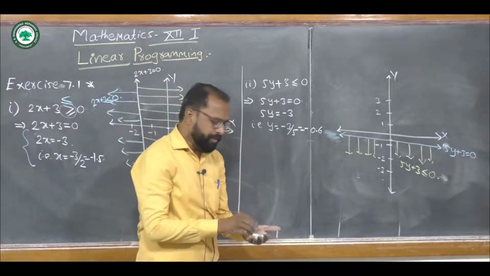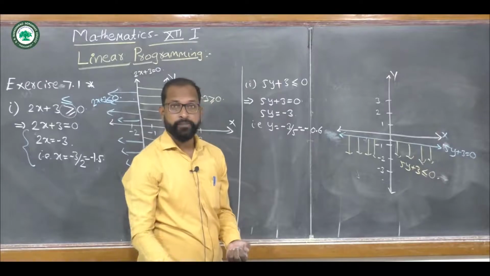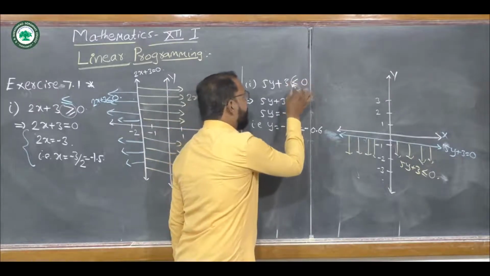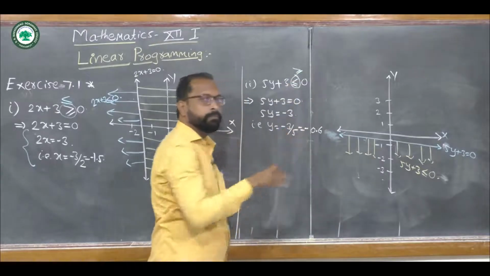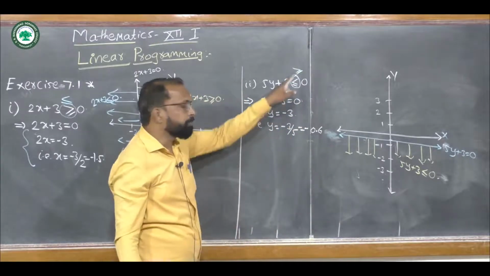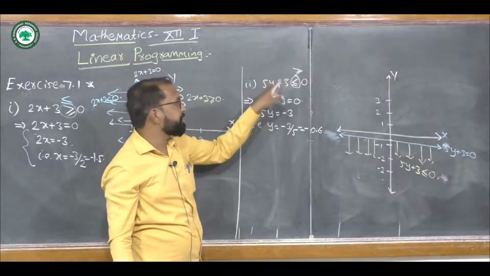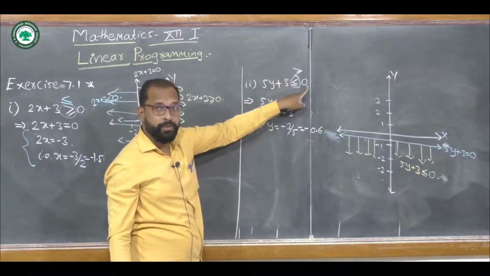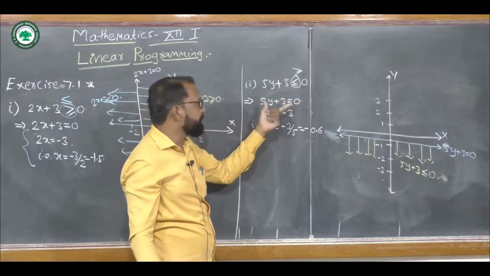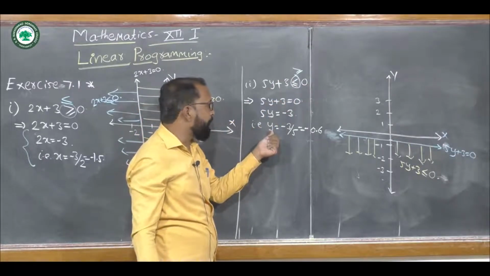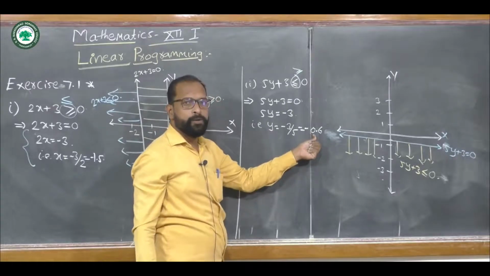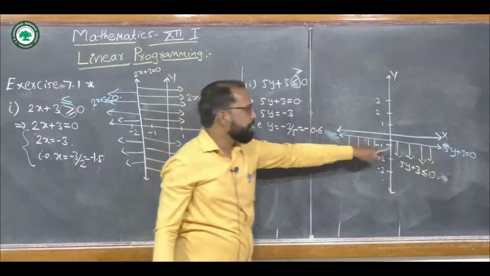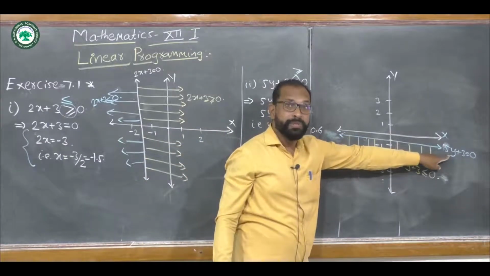Now we consider another condition for this equation, if it is of the type greater than or equal to, that is, the inequality is given as 5y plus 3 is greater than or equal to 0. Again we convert this into a line, find the point y equals minus 0.6, and draw a line parallel to the x-axis, that is 5y plus 3 equals 0.